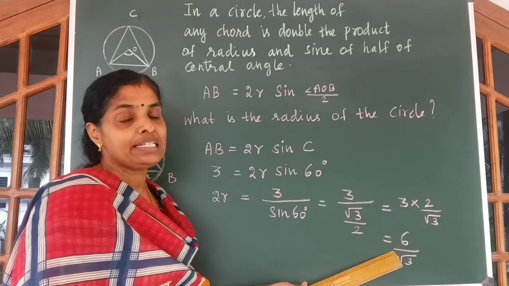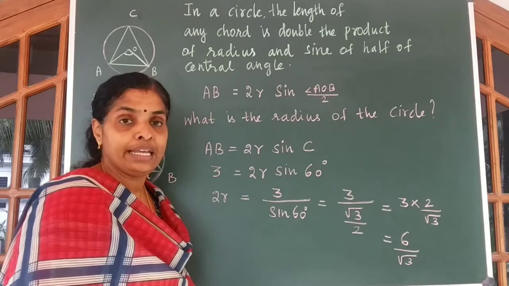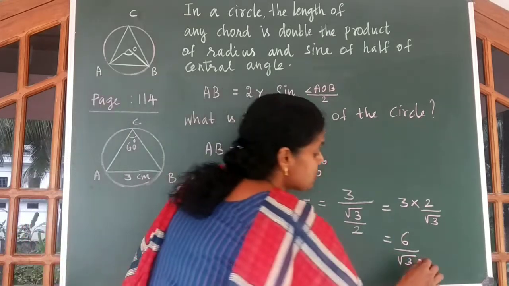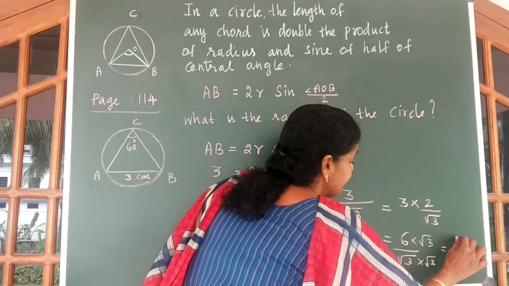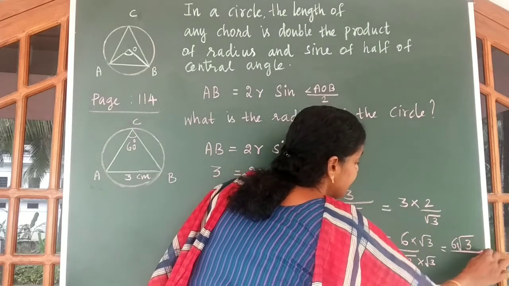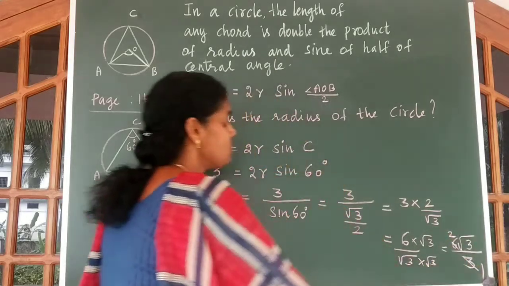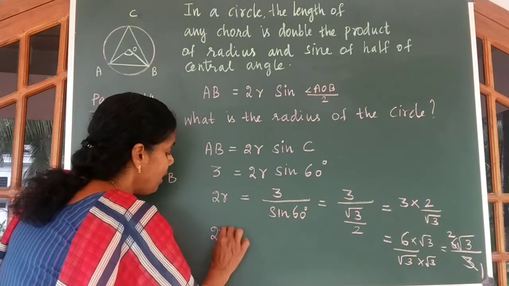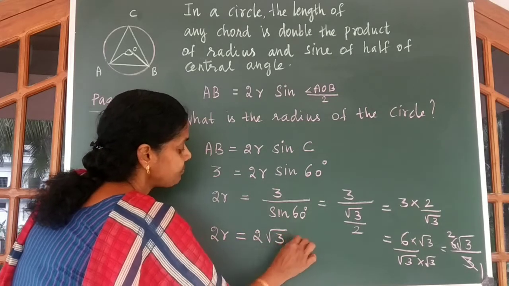So to make it rational, multiply the numerator and denominator with root 3. So you get 6 into root 3 over root 3 into root 3. That gives you 6 root 3 by 3. 3 cancels with 6. So you got 2r is equal to 2 root 3.